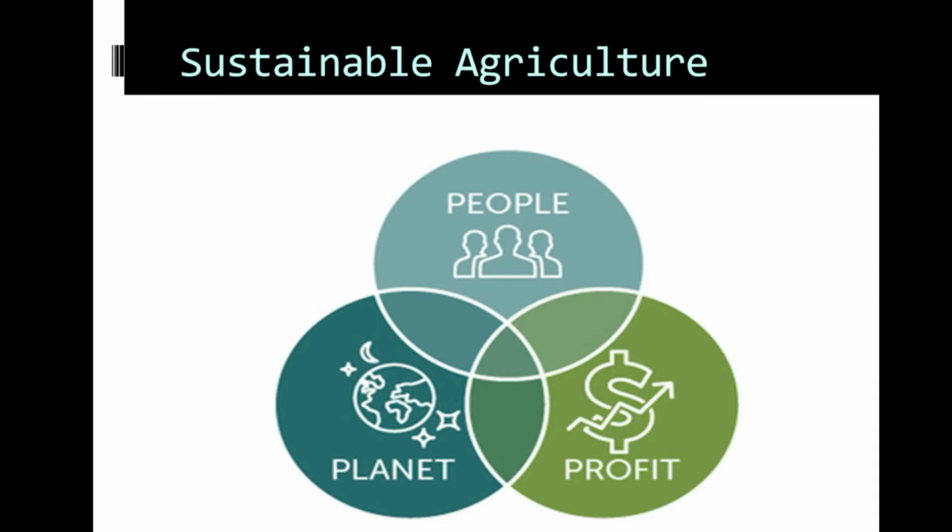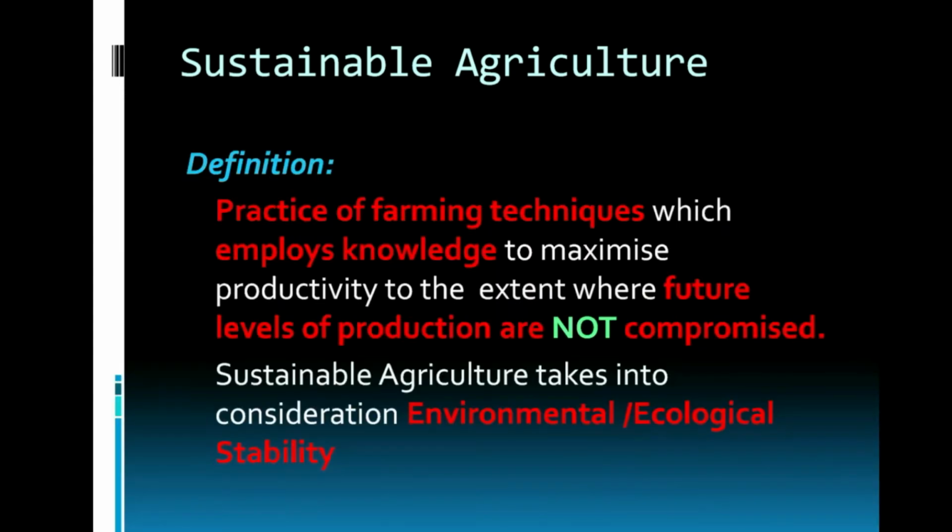When we are referring to sustainable agriculture, we must take into consideration people, which refers to the wider society, the planet, which refers to the environment, and also profitability, which revolves around the economic aspects. Now, what is sustainable agriculture?